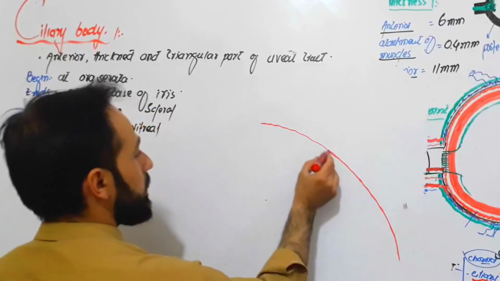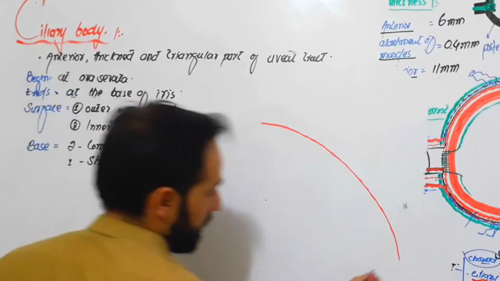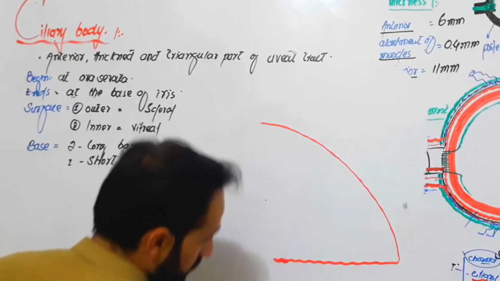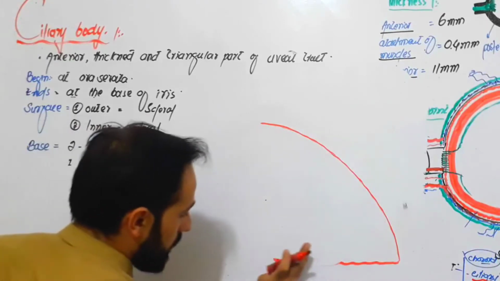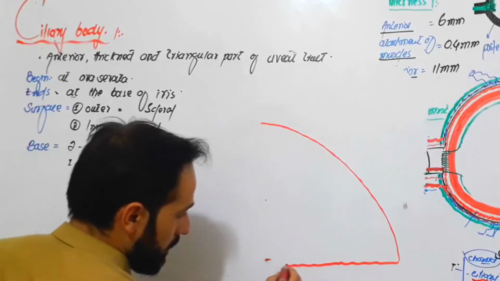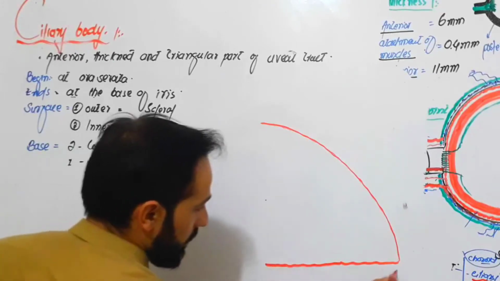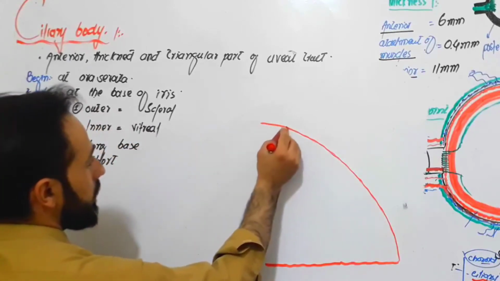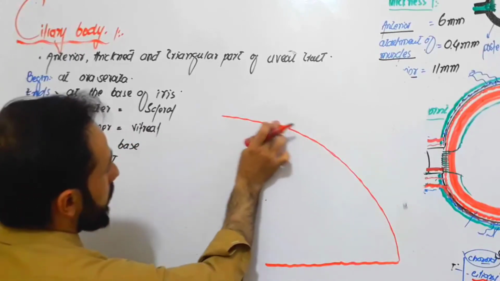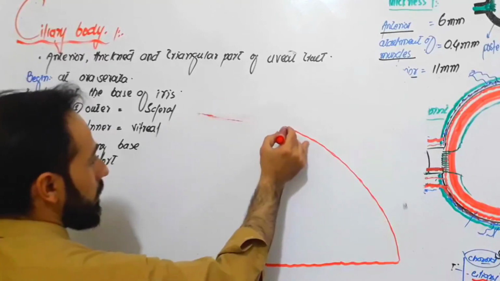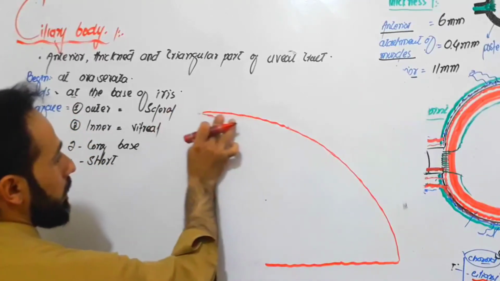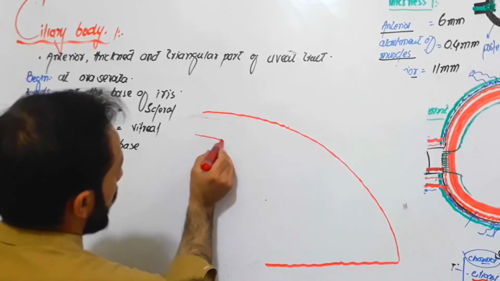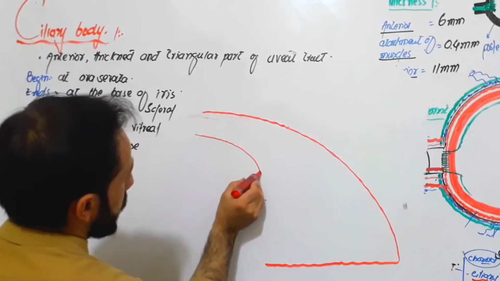Right, this is the scleral surface or the outer surface, and this is the short base, isn't it? This area represents the short base, as I have said, and this is the inner long base, right? Like this. Now look carefully.